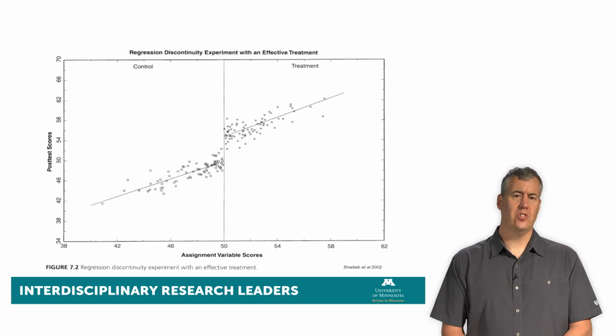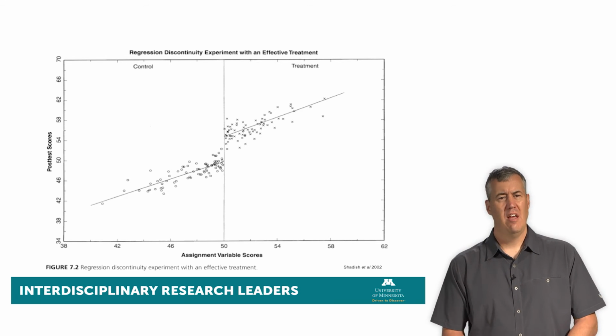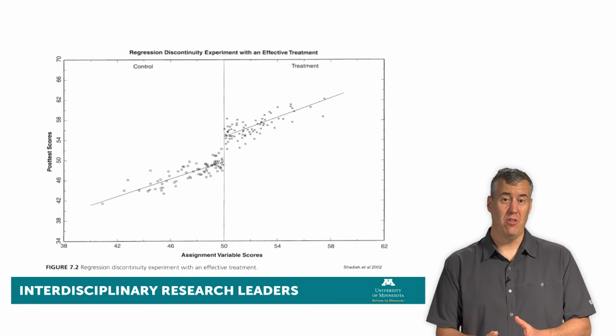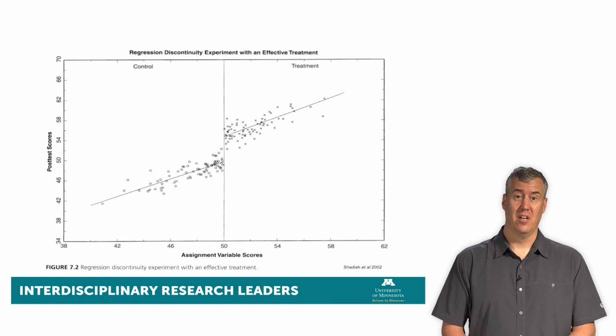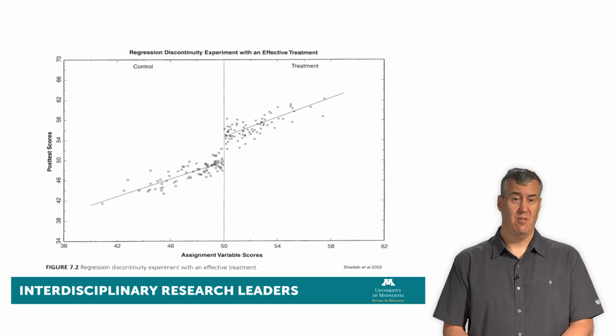And so what we notice on the horizontal or bottom axis is there's some assignment variable. It might be, in this case, the axis goes from 38 to 62, and maybe at level 50. Maybe it's an income thing or an IQ thing, or most importantly, a height thing. And we say we're going to intervene when the score is 50, 5-0.